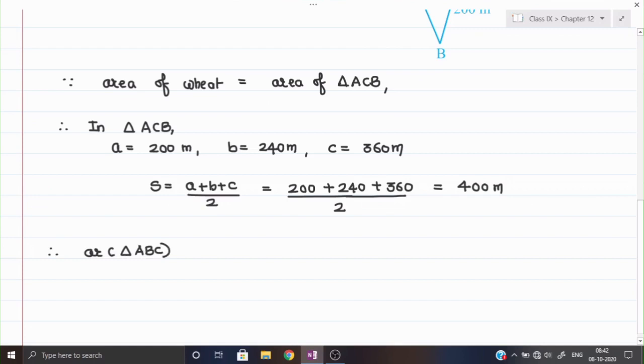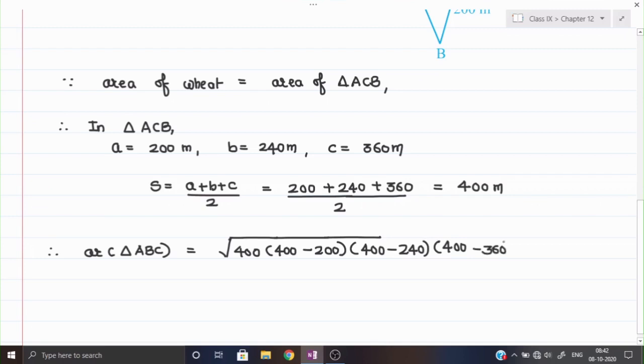ABC or ACB, whatever you say, is equal to under root of. Now each and every time I am not writing the formula, so here directly I am putting the values. That will be 400, then 400 minus 200, again 400 minus 240, and finally 400 minus 360.